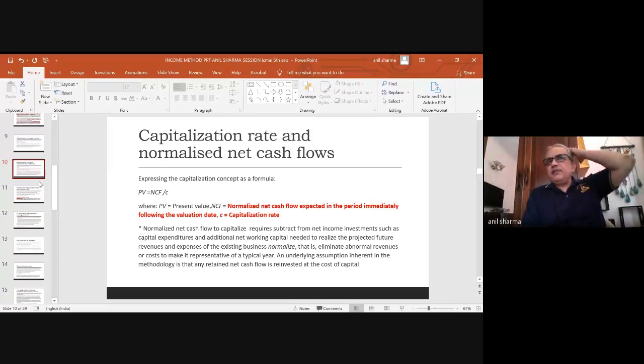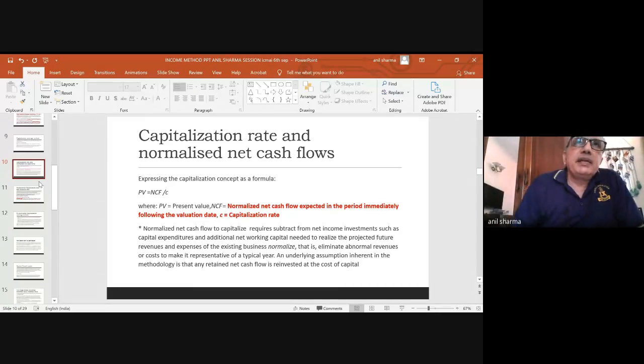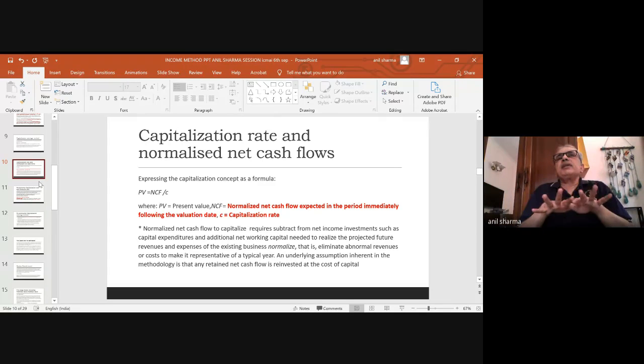Normalize. The other thing you need to keep in mind is that the normalized cash flows have to take out whatever additional capital investments are there. Suppose you've invested 1 crore in the property, but your property needs some refurbishing after 10 years. Those additional capital investments have to be taken out. Any excess working capital that you need to generate to maintain that growth also has to be accounted for.